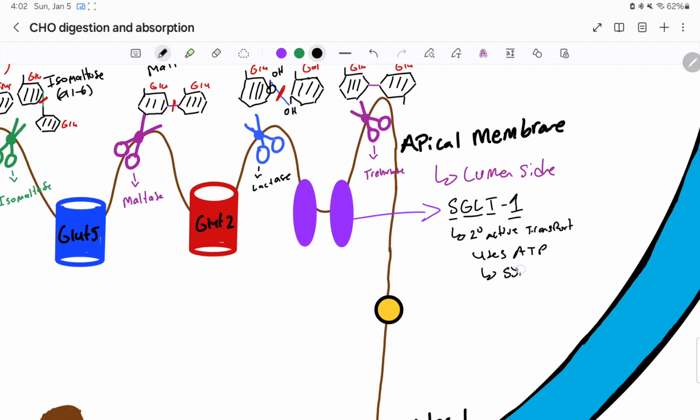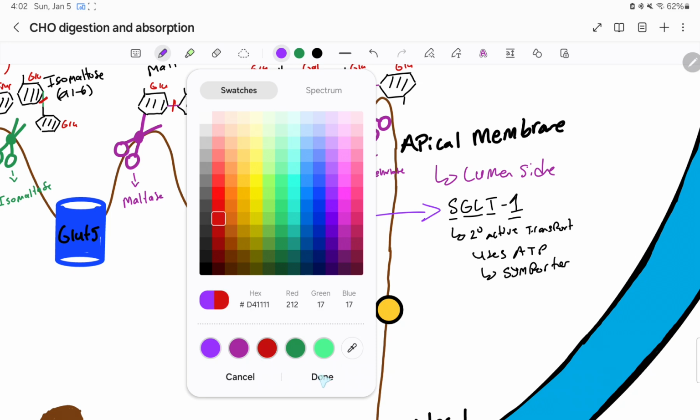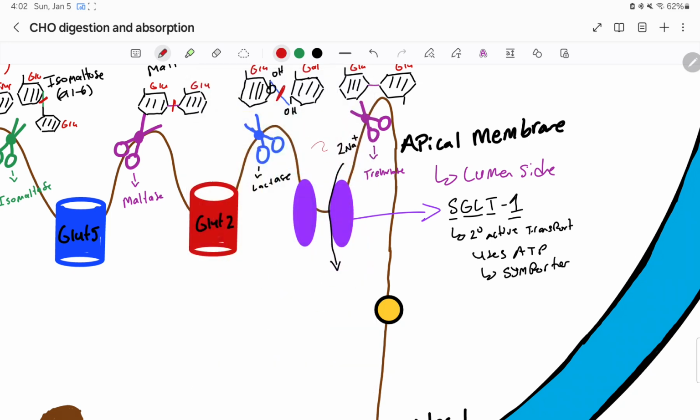is a symporter. A symporter is defined as taking two molecules and transporting them in the same direction. So look, this transporter is able to take two sodiums, and then it's going to be able to transport either a glucose molecule or a galactose molecule, okay?